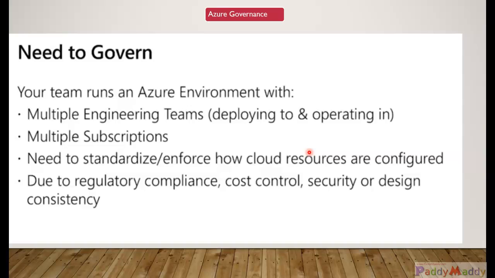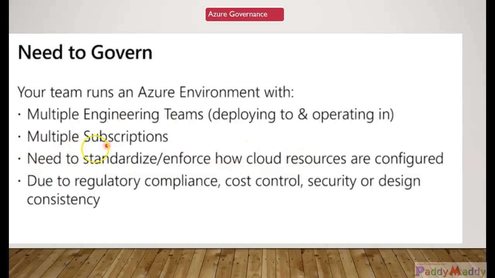For example, entering a billing code or a tag, so that you know which billing code specific resources are coming from, or which size should be used. If you want such standards to be applied automatically, and all the downstream teams must follow them, then you need to set up some kind of governance.